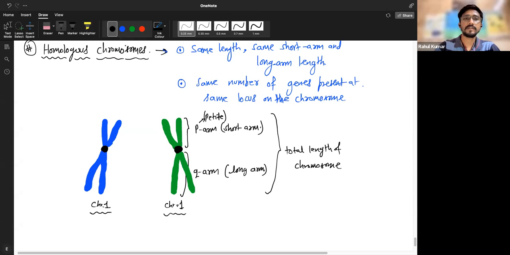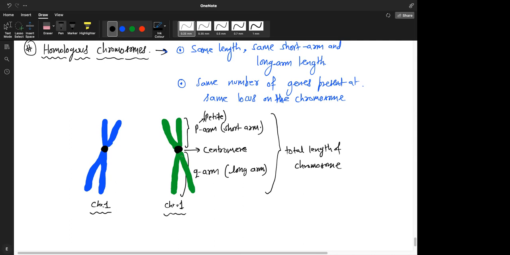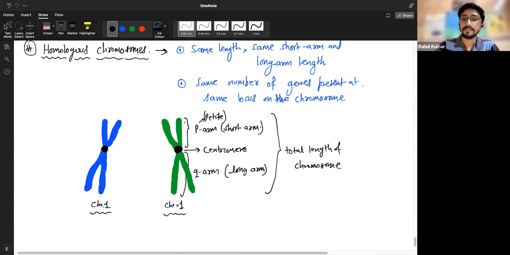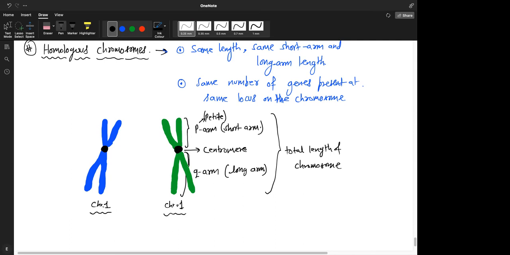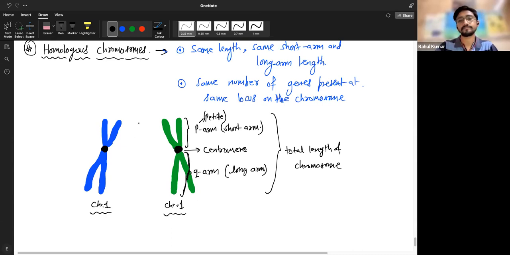Now, this at the center is known as centromere. It's called centromere, but it's not always at the center, because if it was at the center, then both the arms would be equal, right? So it's not at the center. Q arm and P arm.